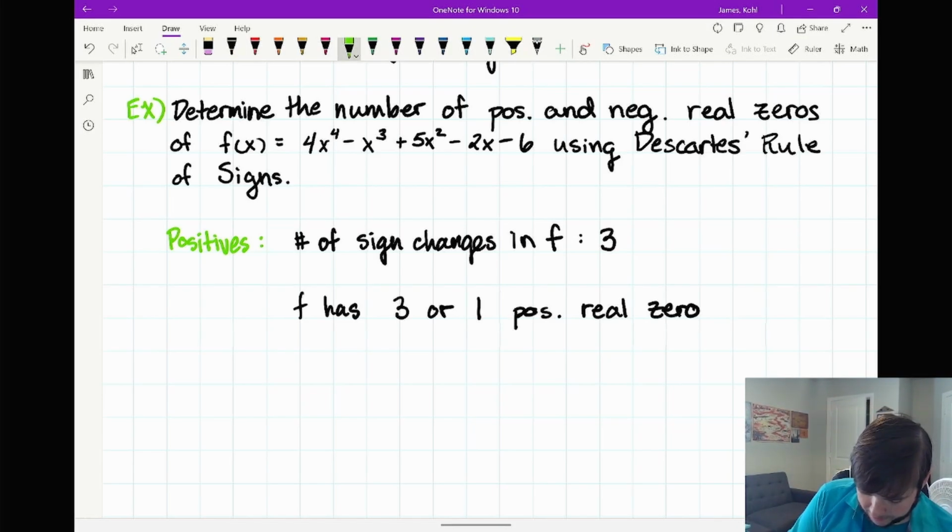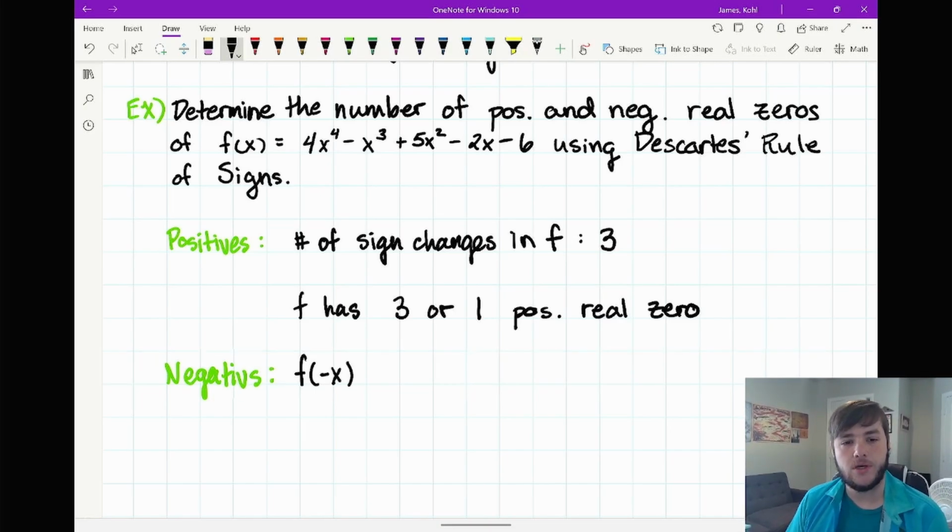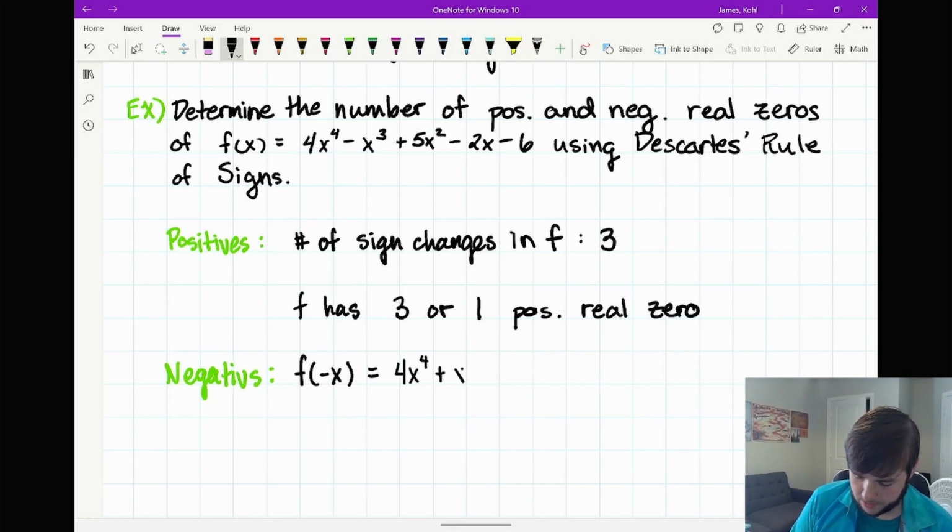Now let's look at the negatives. Let's look at f of negative x now. Remember, we need to look at the number of sign changes in f of negative x. In the first term, nothing will change because negative x to the 4th is positive x to the 4th. I will change my sign here. Plus 5x squared. Won't change. Change this guy here.